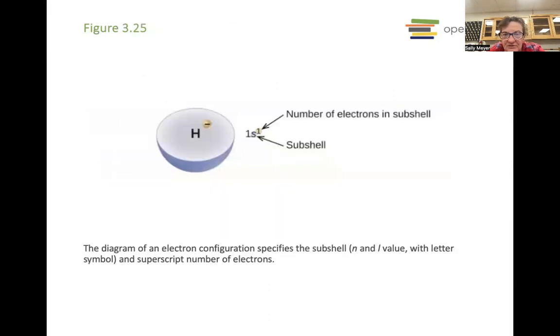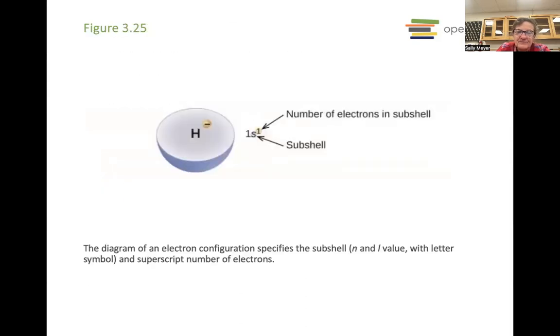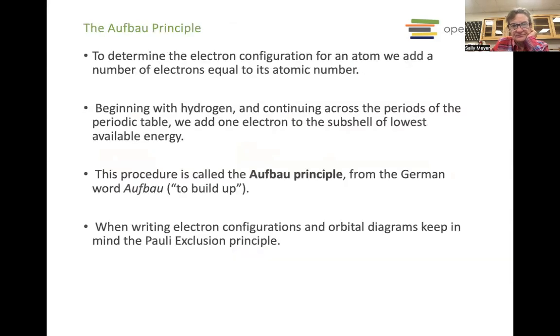For example, hydrogen has one electron. The lowest energy orbital is the 1s, so that's where it will be. The 1 indicates n equals 1, the s indicates L equals 0, and the superscript 1 means that hydrogen just has one electron in that orbital.